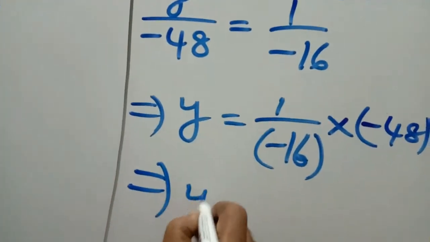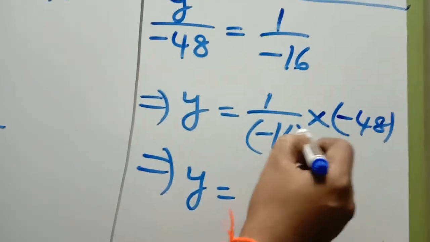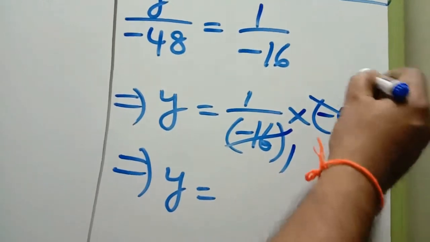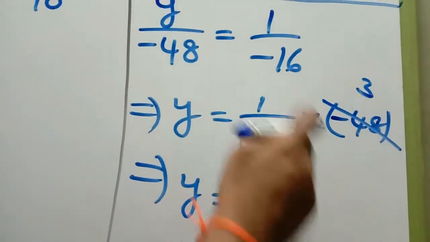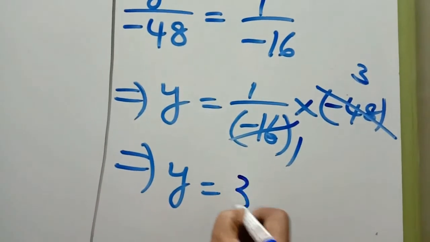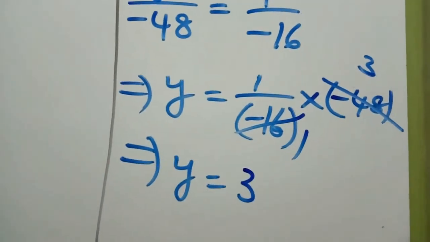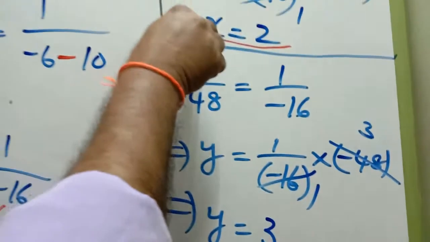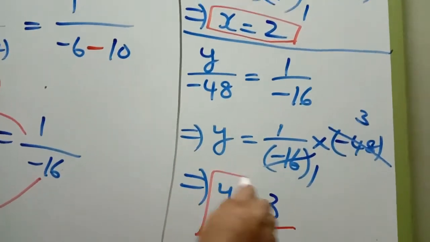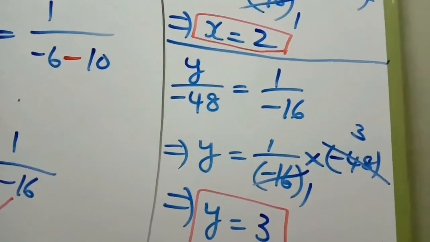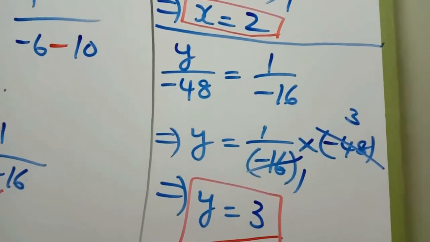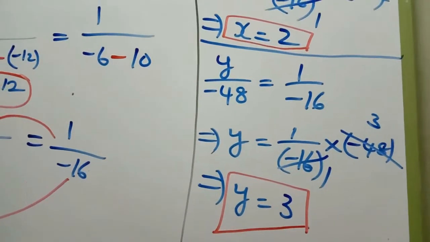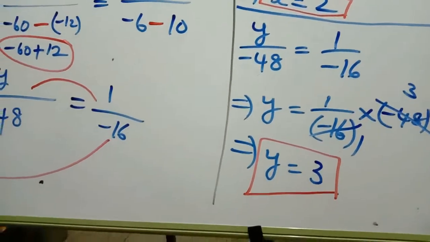That implies y is equal to, minus minus will be cancelled, 16 table 1 time, 16 table 3 times. Finally 1 by 1 is equal to 1, 1 into 3 is equal to 3. Finally I got y is equal to 3 and x is equal to 2. This is the solution for the given equations by using the cross multiplication method.